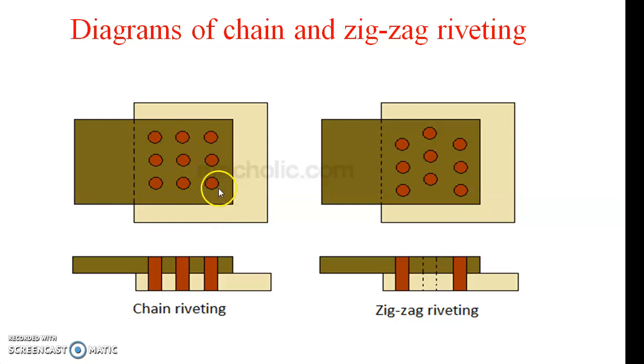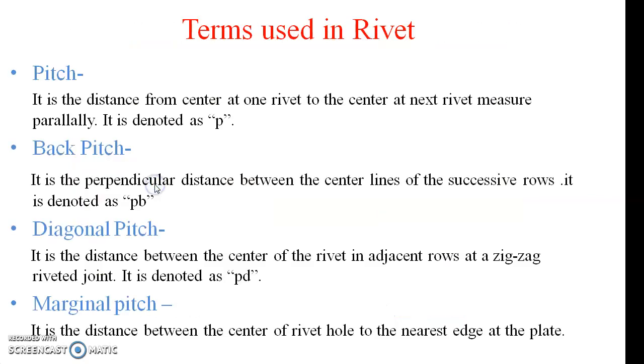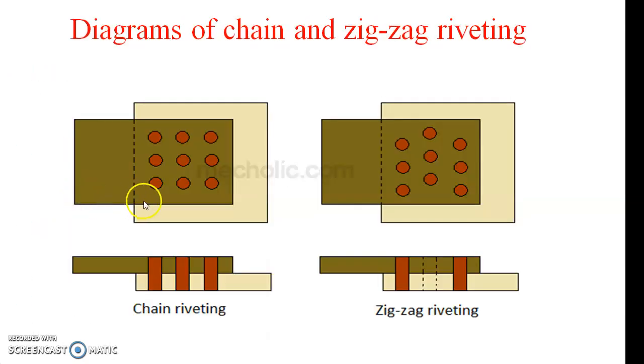The successive back pitches are those that are placed parallelly with each other. This is one hole, this is two hole, and this is three hole, and those are the back pitch. The distance from the center line of this center to the center line of this center is called back pitch.